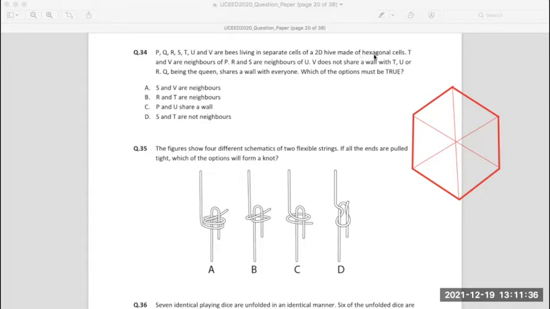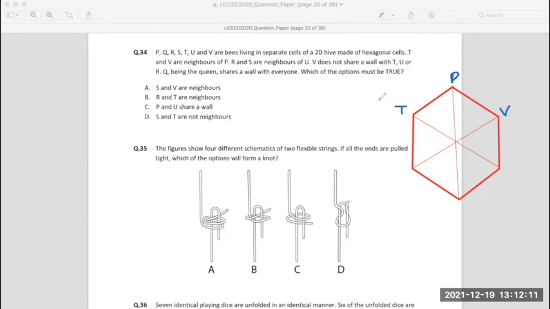What is given here is T and V are neighbors of P. So, just to start, let's assume that P lives here and T and V are its neighbors. In a hexagonal arrangement, one person can have 2 or 3 neighbors.